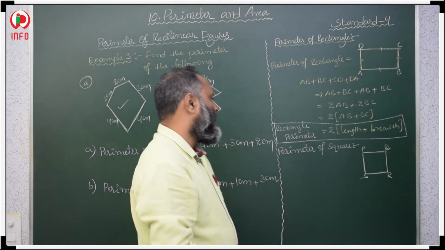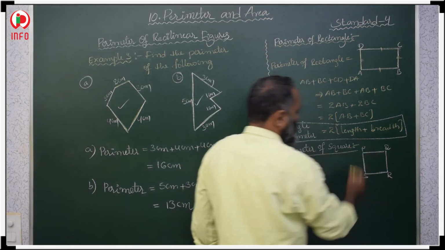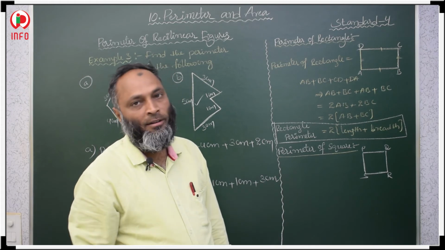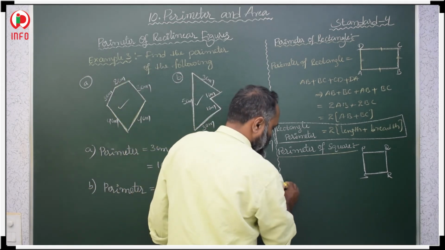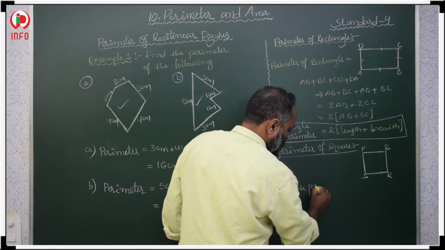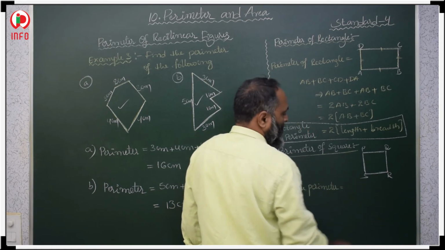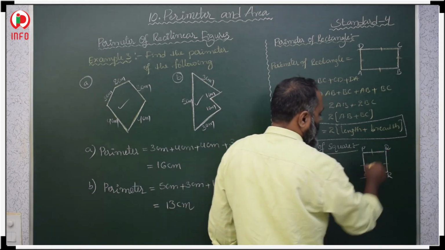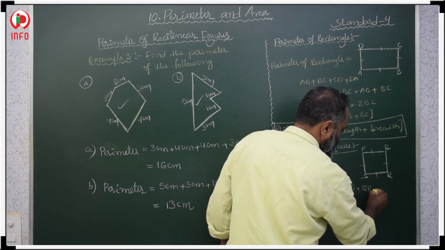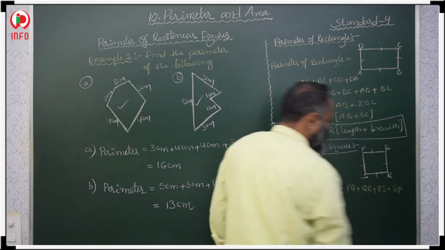Now, the perimeter of a square. In the perimeter of a square we again add 4 sides: PQ side, QR side, RS side, SP side.